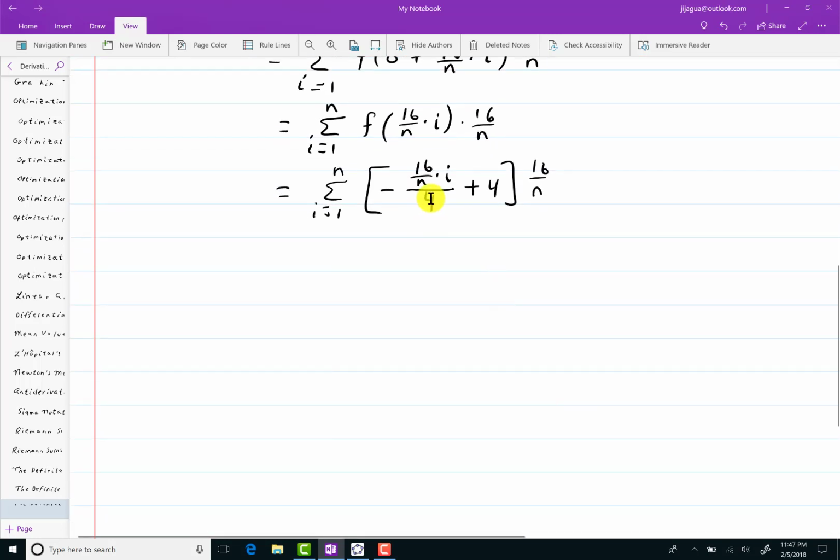Good idea here to simplify this and make it as easy on yourself as possible. So for instance, 16 over n times i I can rewrite as 16 over 4n times i. I like to have my i over there. Plus 4.